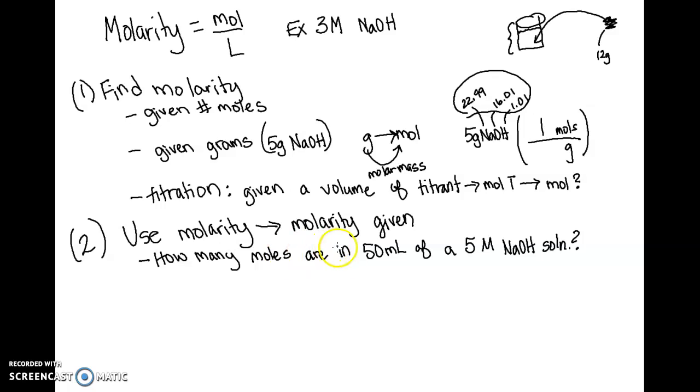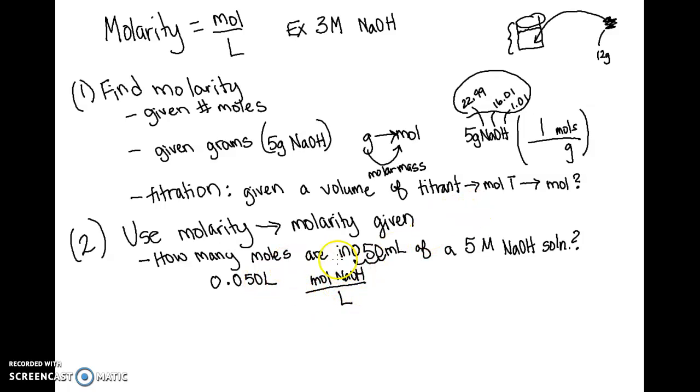In this case, let's convert this to liters right away, because I've said over and over that we've got to be in liters for this to work. Rather than figuring out what the molarity is, I'm using the molarity to convert to moles of my substance. So I want moles of sodium hydroxide up here and liters down there.